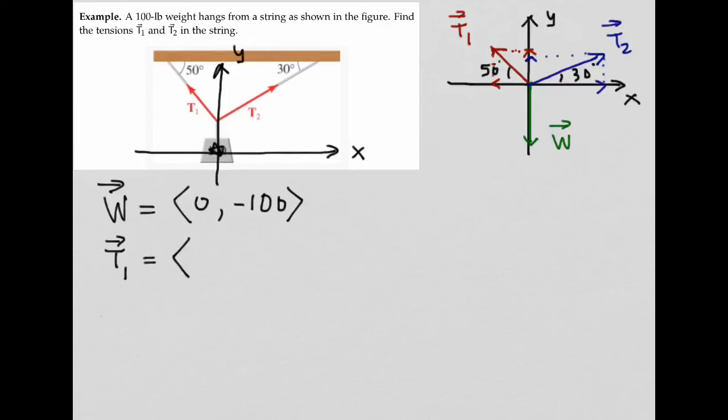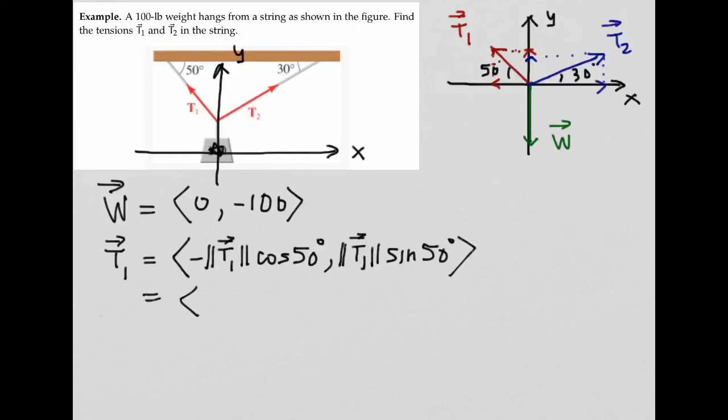That is minus the magnitude of T1 times cosine of 50 degrees. And the second component of T1 is the signed magnitude of the projection of T1 onto the y-axis. That's given by the magnitude of T1 times sine of 50 degrees.